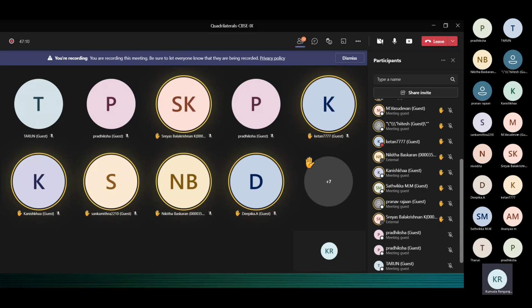Sangamitra had completed her work during the class, so she was the first to submit. And then I got other messages. After Sangamitra, I think Nivedita submitted. Okay, good. I got Deepika's work.